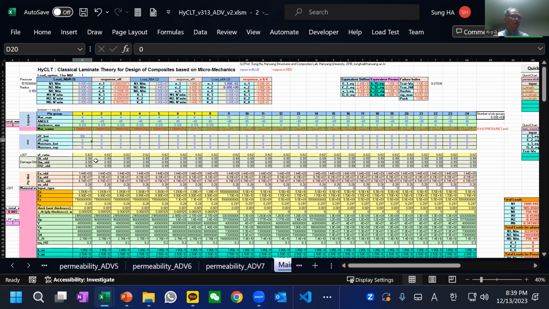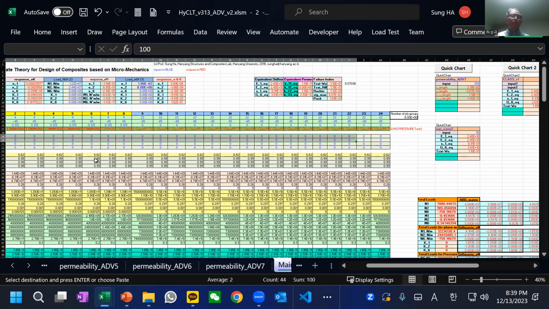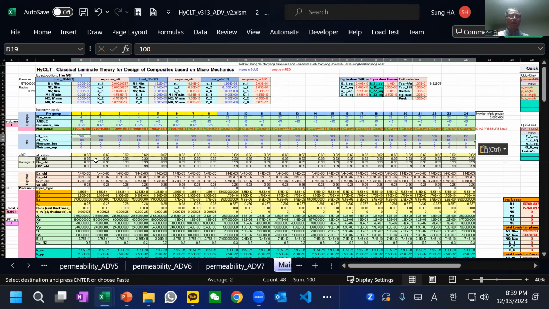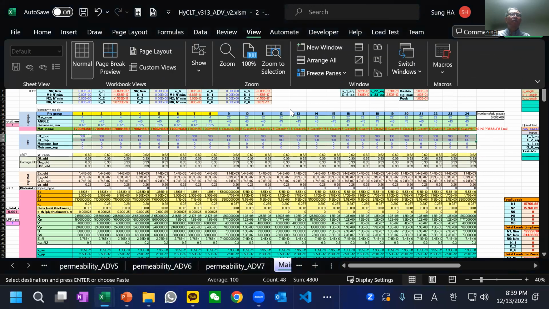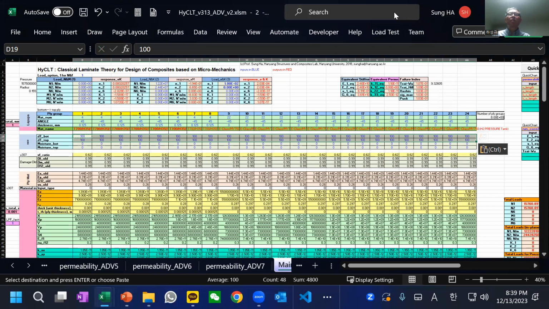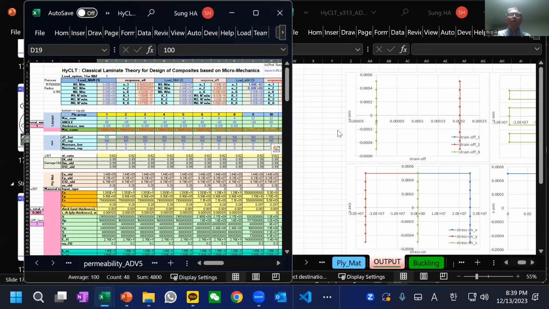But you need to keep that in mind, this is just the reference temperature. So we specify 100 all the way from bottom to top. And then let's see what's happening.